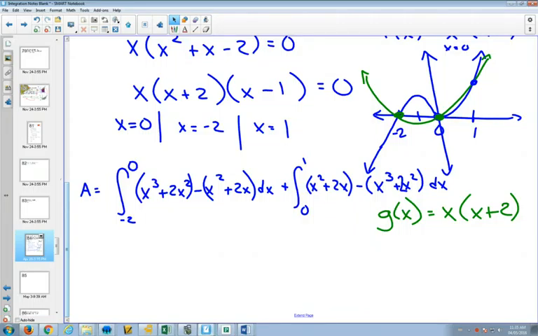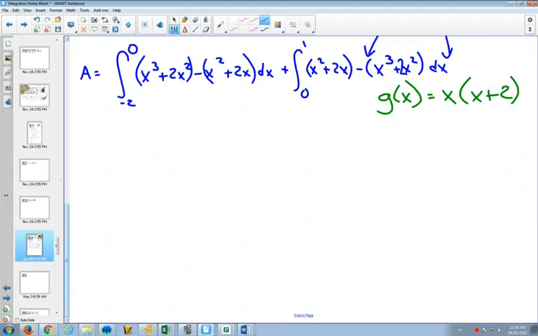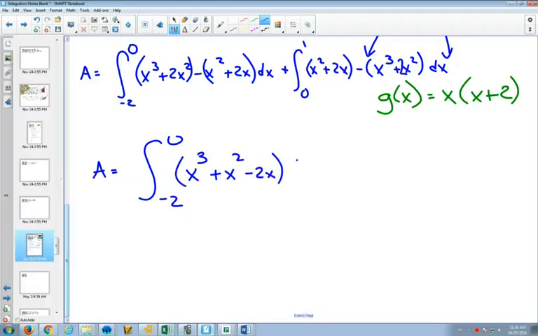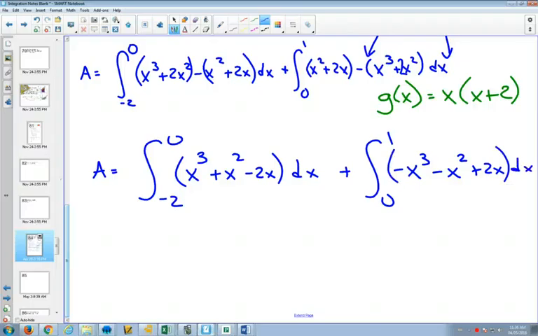So I'm just going to simplify from -2 to 0. We're going to have x cubed plus x squared minus 2x. And then from 0 to 1 is going to be -x cubed minus x squared plus 2x. You might notice that they're just a negative multiplied by a negative of each other.